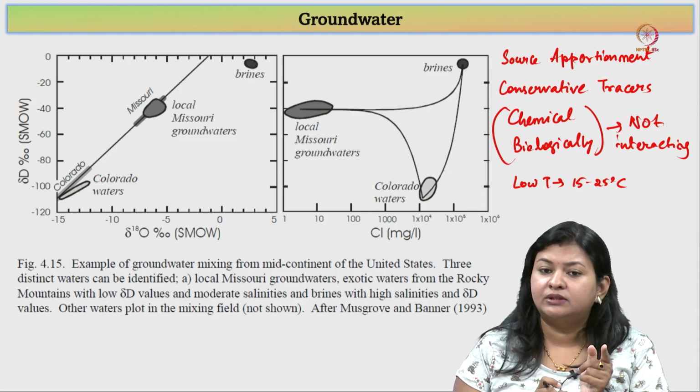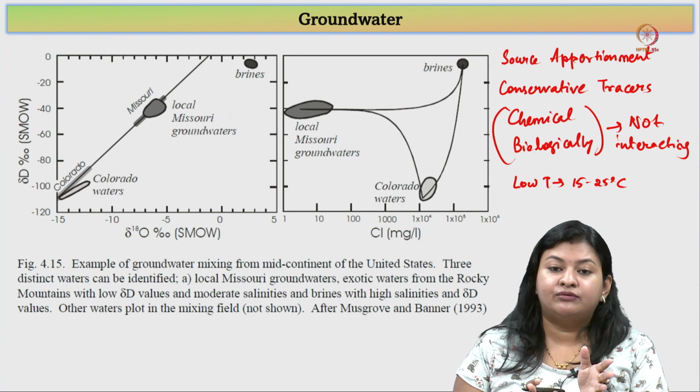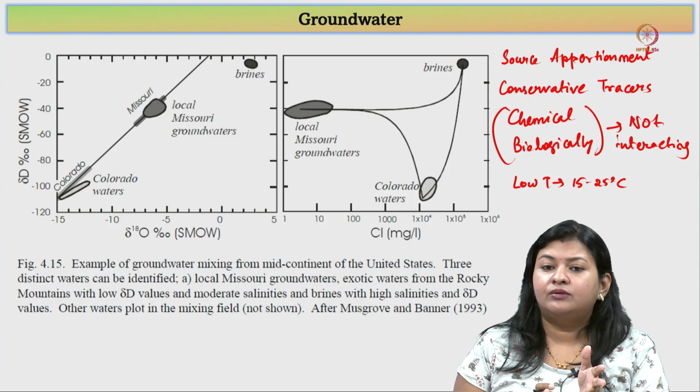What is the other end of this kind of tracer? It is called non-conservative tracers. What are non-conservative tracers? Non-conservative tracers are solutes, like alkali elements and transition metals.